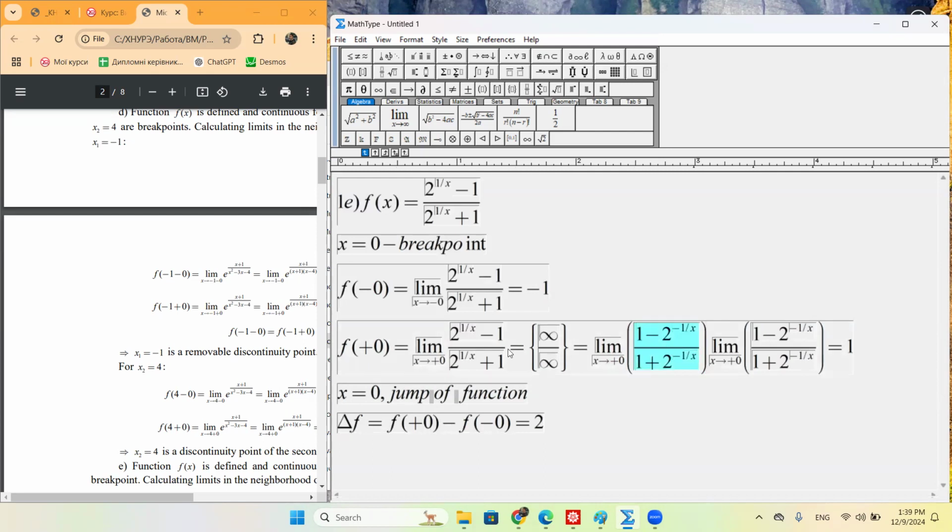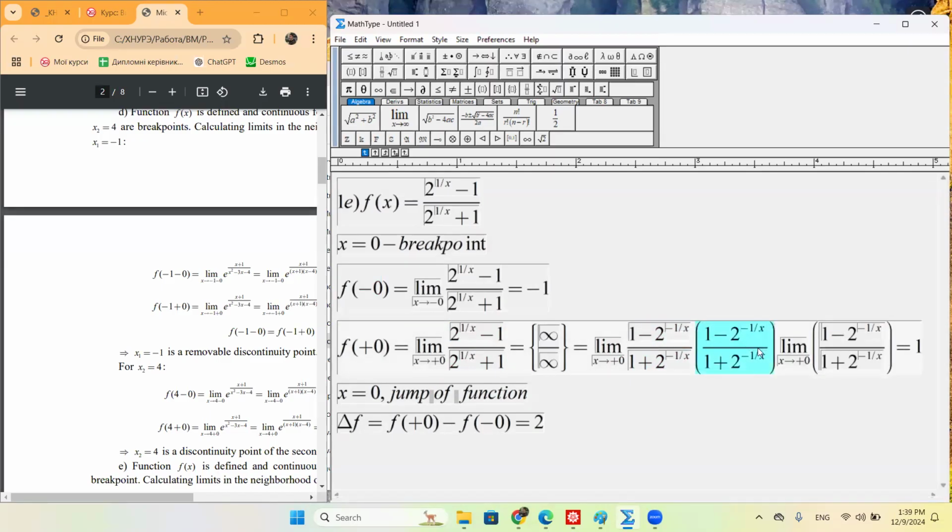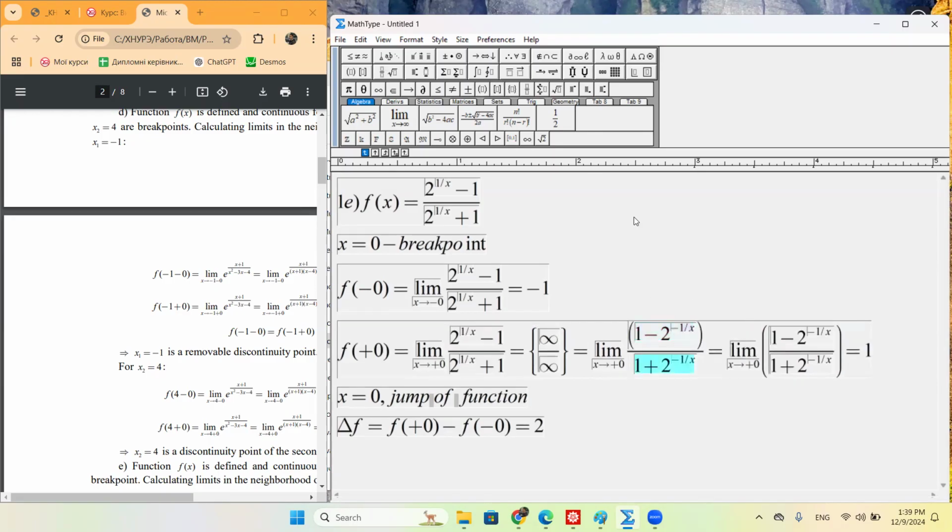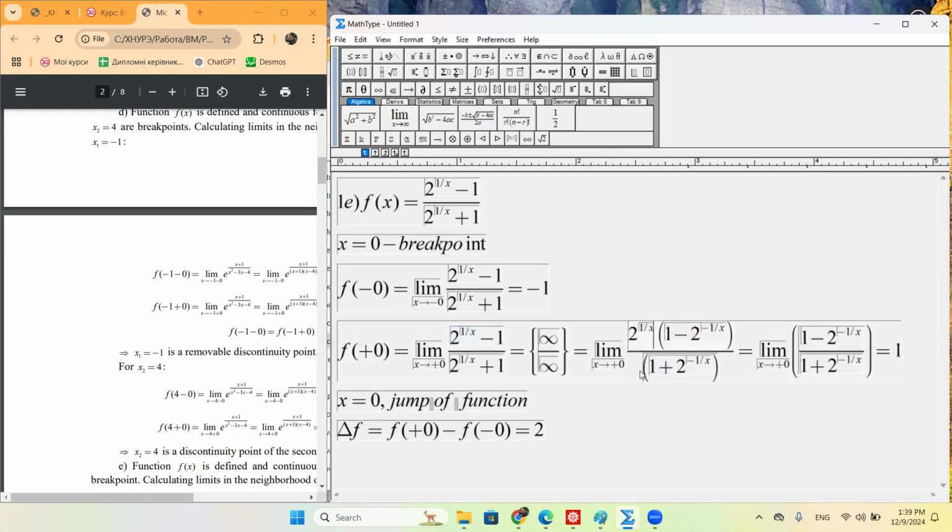Let me first of all write it in more detailed form. So I divided both parts of the fraction by, so moved this multiplier out of brackets, and canceled it. And then received this fraction.